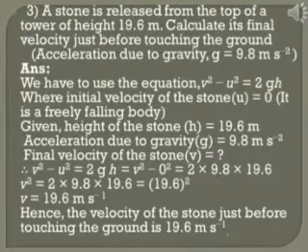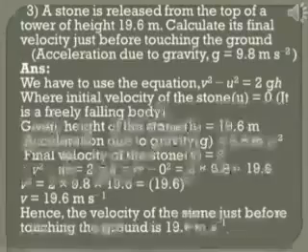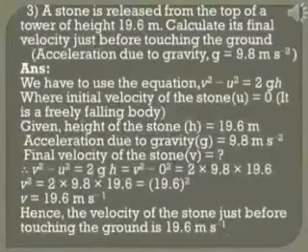By taking the square root, v is equal to root of 19.6 whole square, which is equal to 19.6 meter per second. Hence, the velocity of the stone just before touching the ground is equal to 19.6 meter per second.